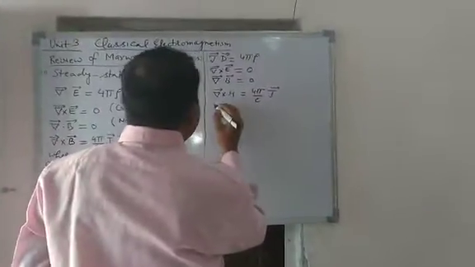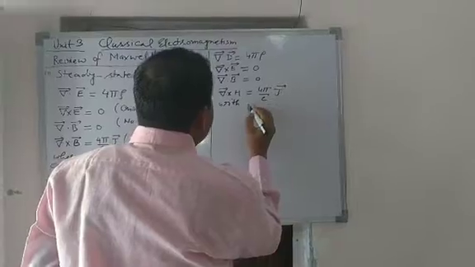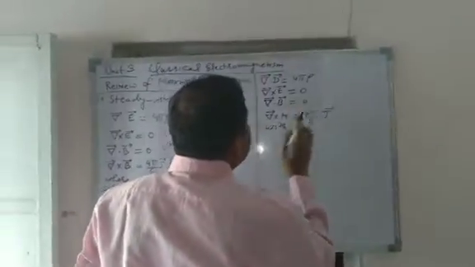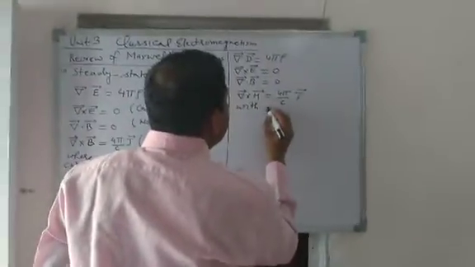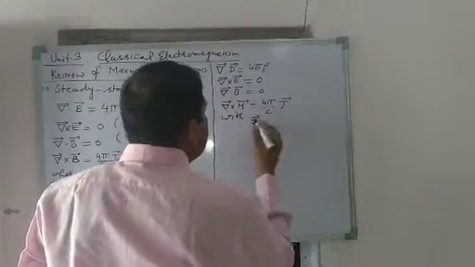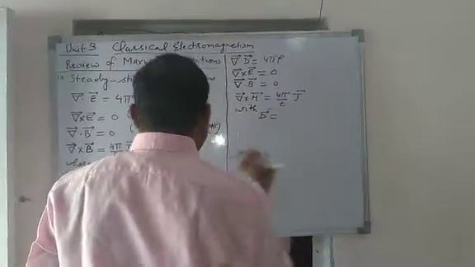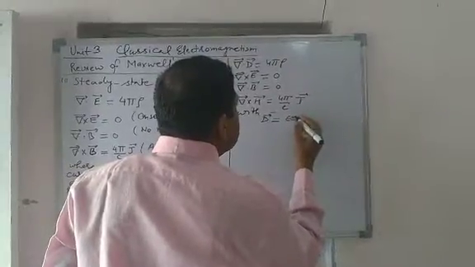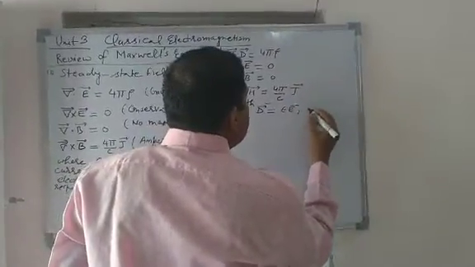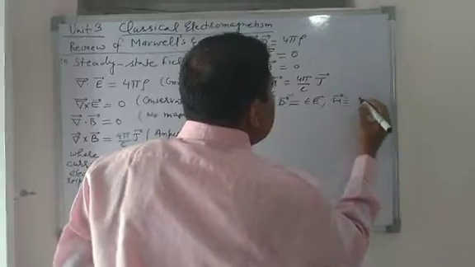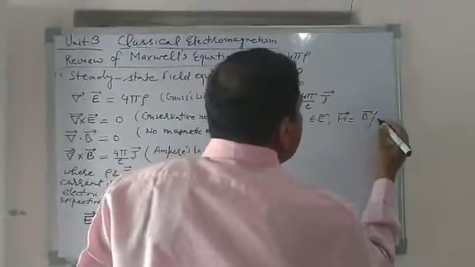So here D is equal to epsilon times E, and H is going to be B by mu.